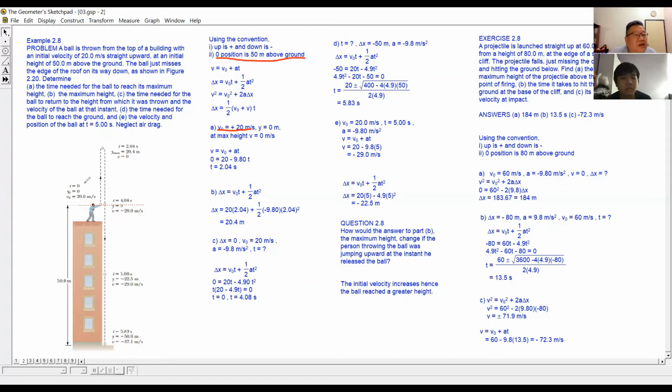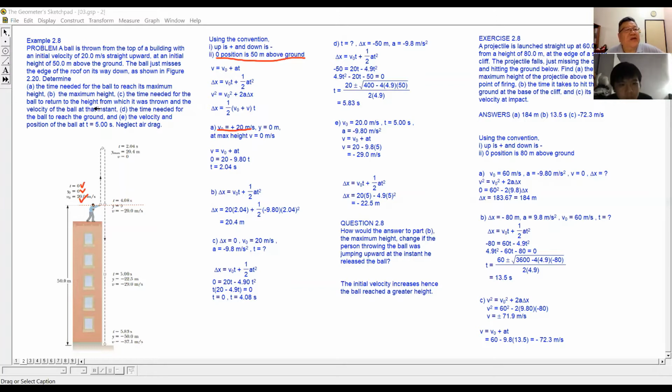At this position, the time is zero, the position is zero, and the initial velocity is positive 20 meters per second. That is how we convert all those numbers into symbols.